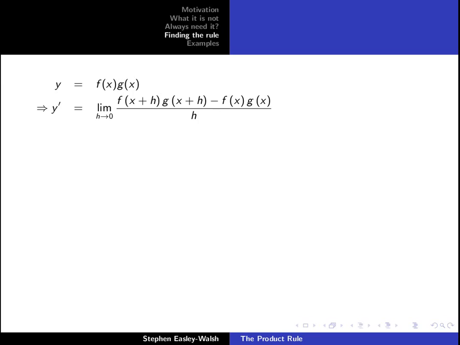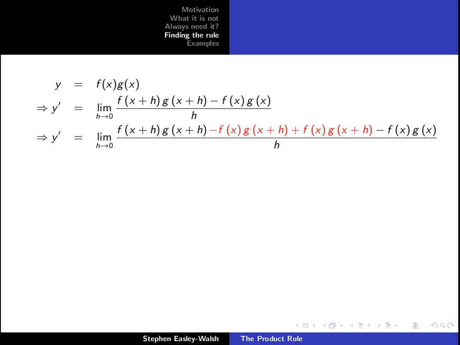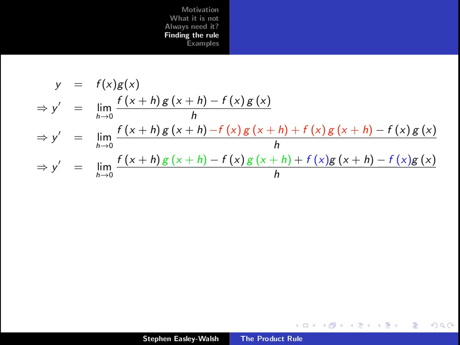I will add and subtract a term on the numerator to simplify this expression. In red you see that I've subtracted f(x) times g(x plus h) and added f(x) times g(x plus h). Net result is no change. But in green you'll see that I have g(x plus h) in common with the first two terms and f(x) in common with the last two terms.